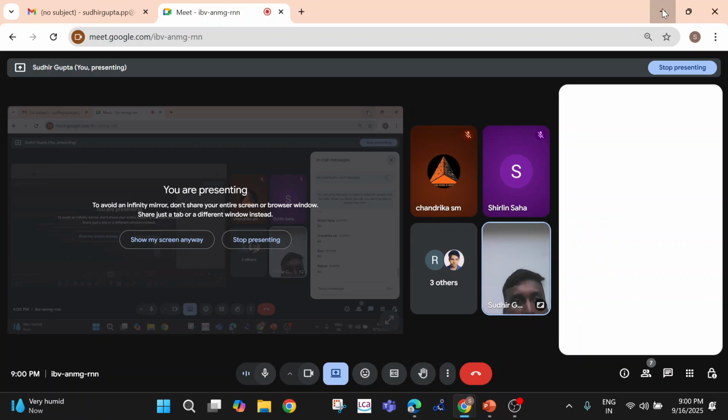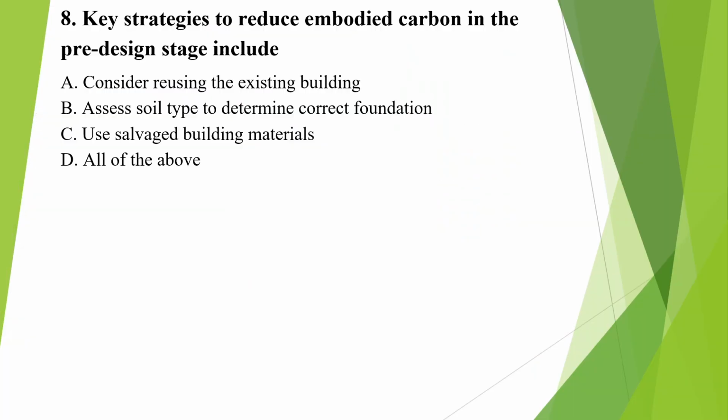So let me discuss with you all. For this particular question, question number 8, the correct answer which was considered in the previous year answer key was option D, because it is talking about different strategies, as I have already highlighted, for reducing embodied carbon. Whenever you go for reusing of the existing building, then also you will be reducing the embodied carbon.